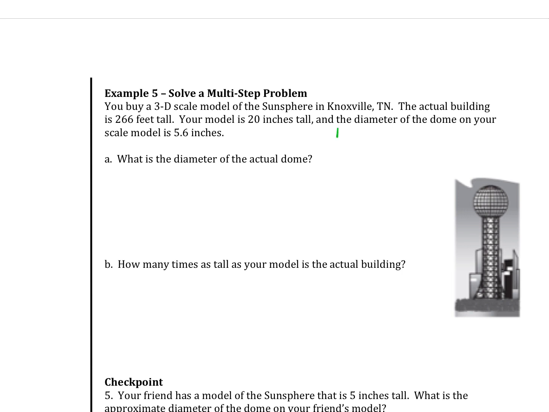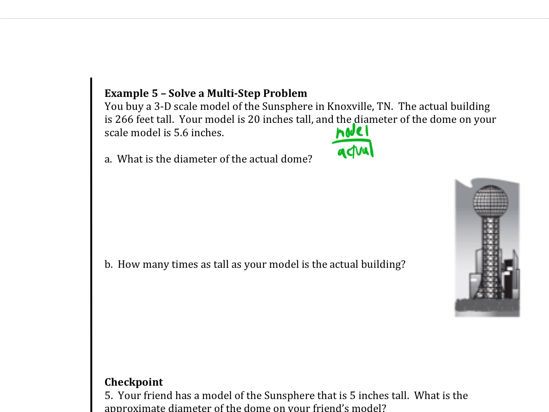Okay, so again, we're going to do model over actual. We're going to set up a proportion based on the information that we know, and try to solve for what we're looking for. We have both the height of the building and the diameter of the dome. So let's start with the height of the building.